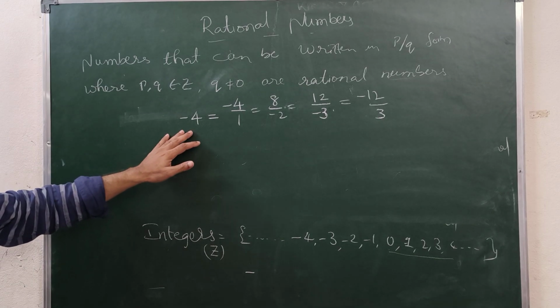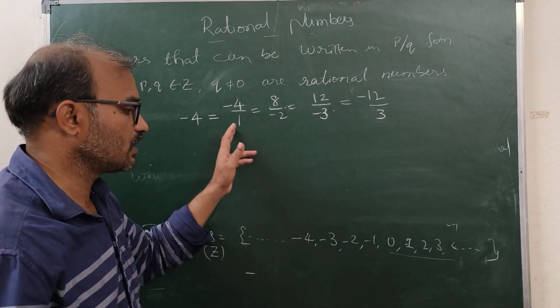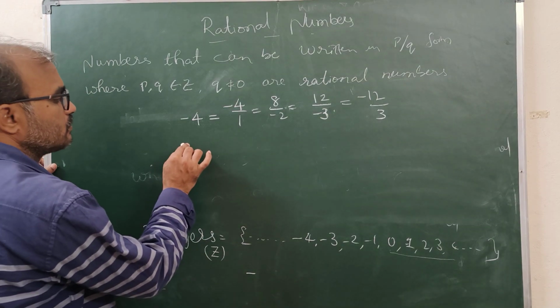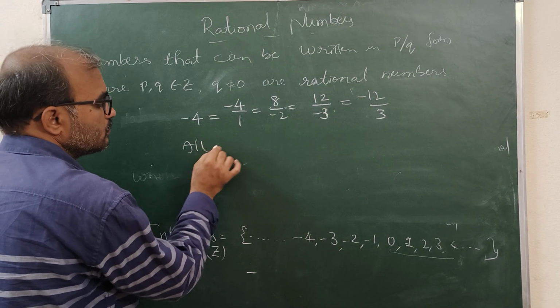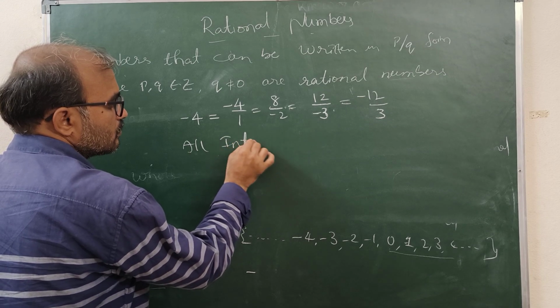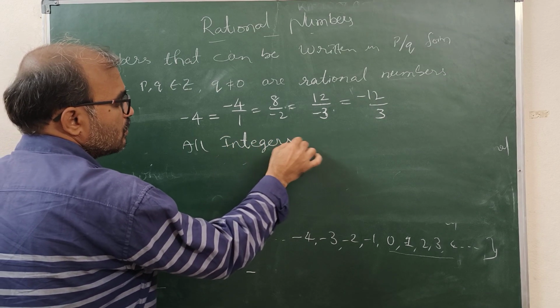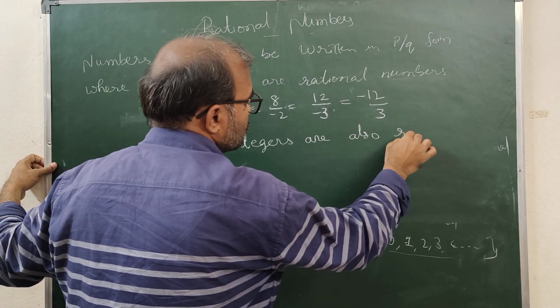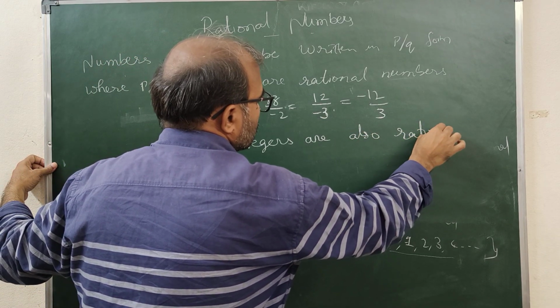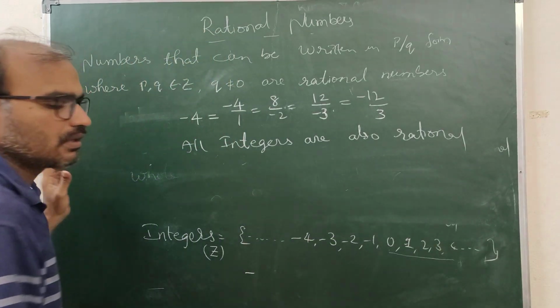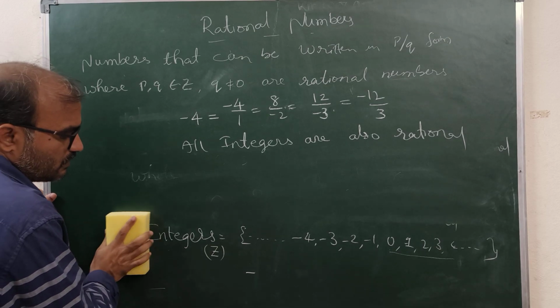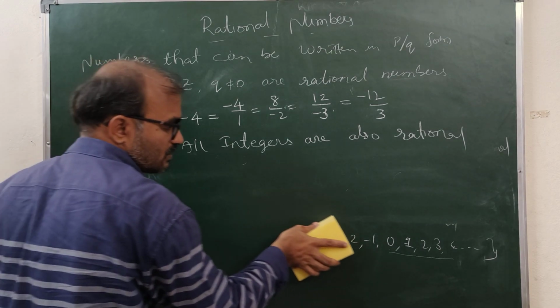Not only minus 4, any integer can be written like this in p by q form. Means all integers are also rational numbers, right?